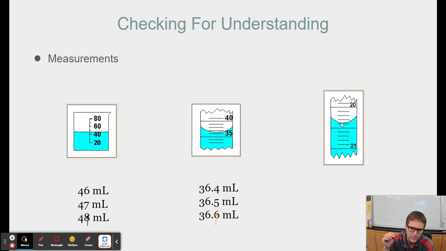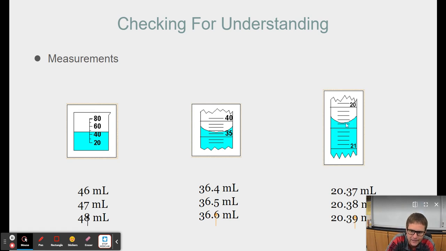It looks like it's pretty close to 20.4, so I'm going to say 20.38, 20.39, something like that. So this titration pipette allows us to measure to the nearest hundredths place. The graduated cylinder allows us to measure to the nearest tenth. The beaker allows us to measure to the nearest whole number.